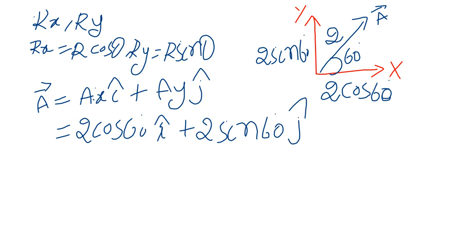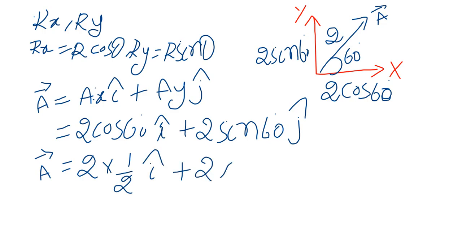So the value of cos 60 is 1 by 2. The value of sin 60 is root 3 by 2 j cap. So 2 cancel, here 2 cancel, remaining a bar is i cap plus root 3 j cap.